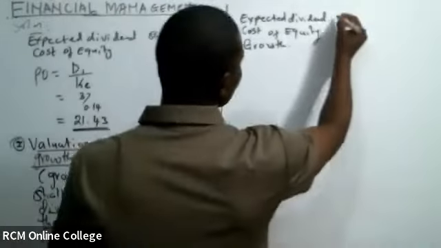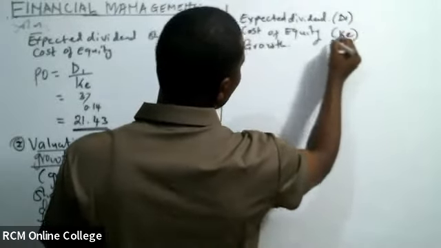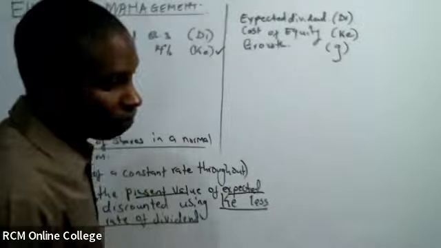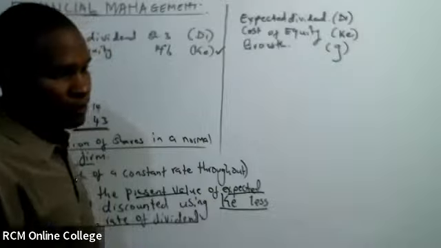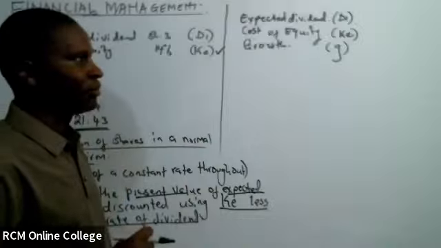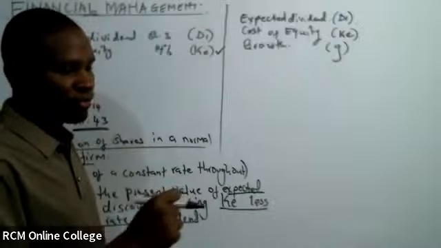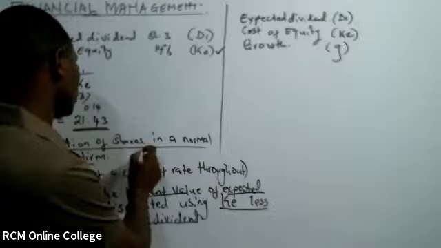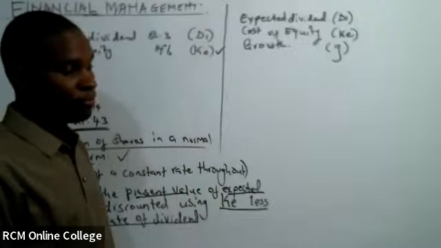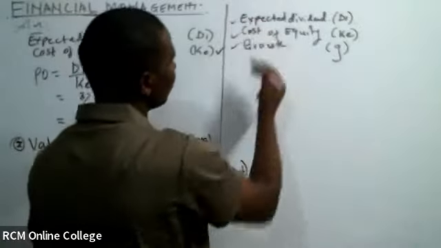Right? So this will symbolize as D1, KE, and this one symbolizes as G. So if you want to get the intrinsic value, the market value under the normal growth form, you are going to incorporate the three.